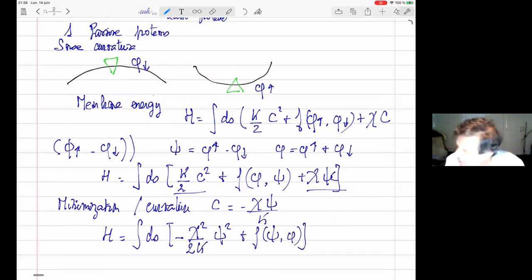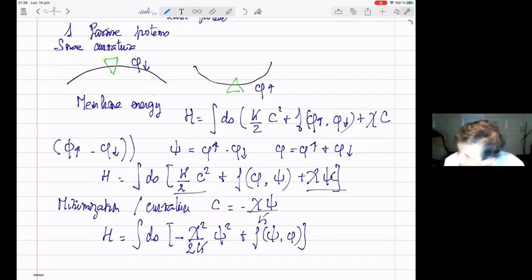Now this term here gets minimized if psi gets large. So what these terms do is that it will create a finite value of psi. If chi is too small, there will be no effect. And if chi goes above a critical value, there is a phase transition where psi is finite. But psi finite means that phi plus is different from phi minus.